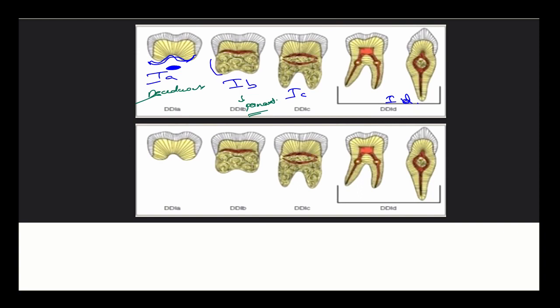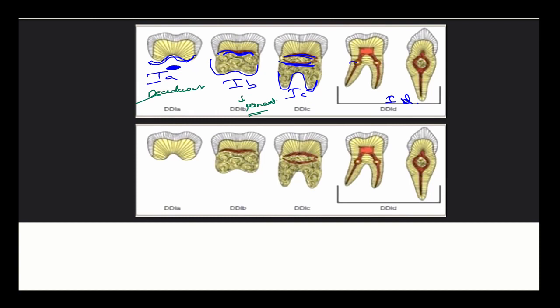Whereas when you come on to 1B, there is some attempt at formation of the root, and there is a crescent shaped pulp chamber. Then when it comes to 1C, there are 2 crescent shaped pulp chambers, and the root formation is slightly more.